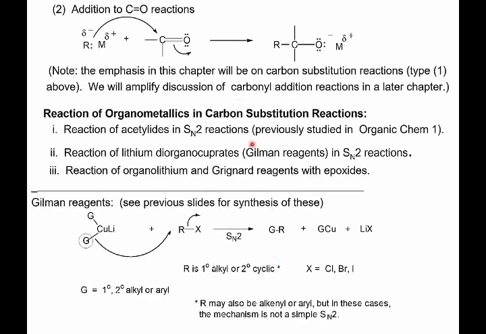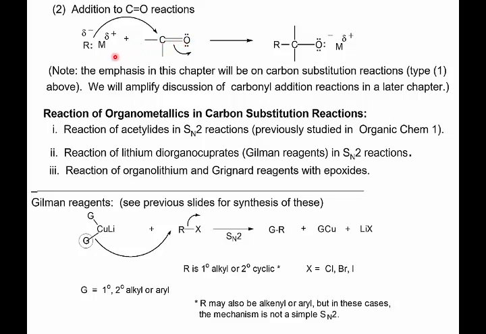Now, a second type of reaction where the carbanion component of the organometallic is involved is an addition reaction to a carbonyl group, generally of an aldehyde or ketone. In this case, the carbon-oxygen bond is polar with the oxygen negative and the carbon positive.